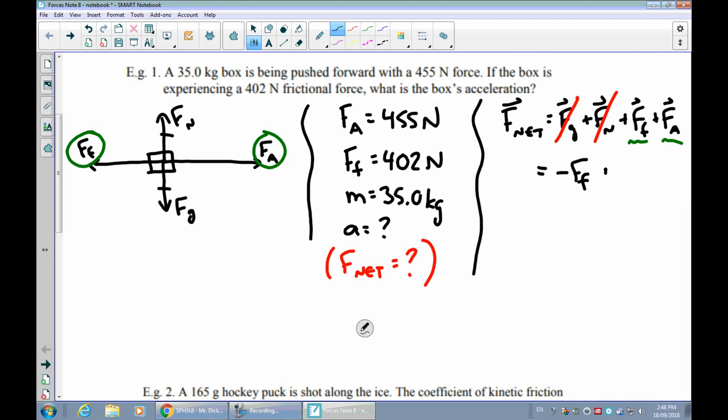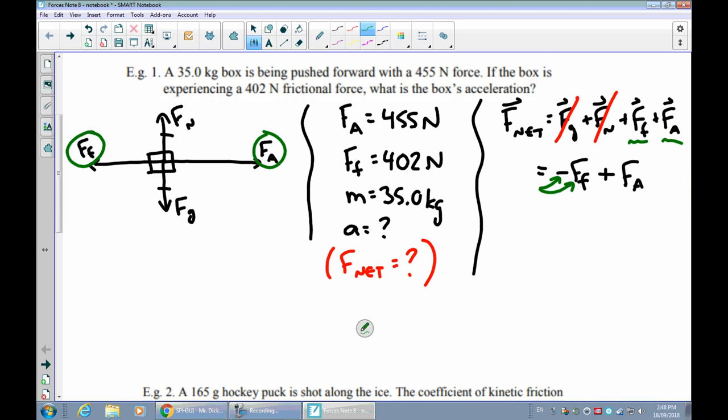But we're going to be combining that with some positive amount of applied force. Now again, notice that when I wrote those, I just wrote the F's. I didn't write the little vector symbols on top. That's because I literally just mean the magnitude of each force. So what I'm saying here is that friction will be in the negative direction with that amount of force, with whatever I've called FF.